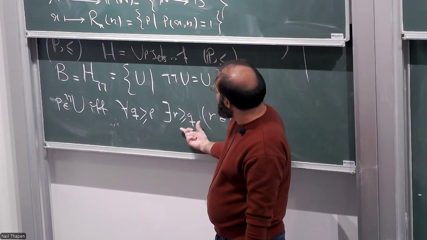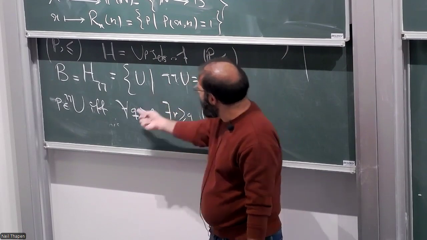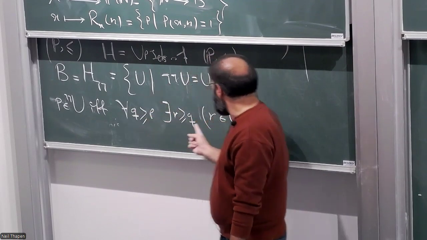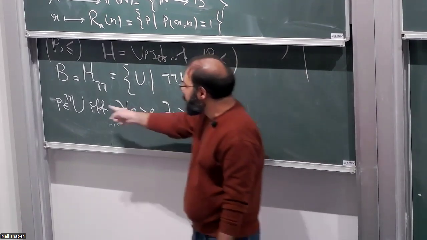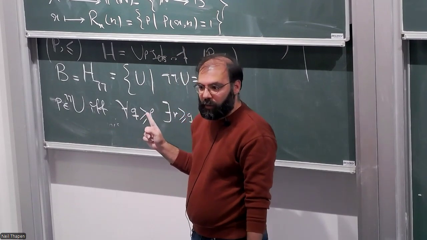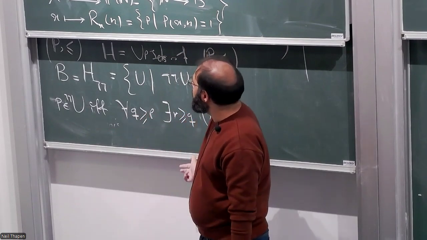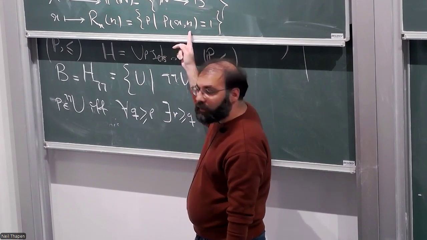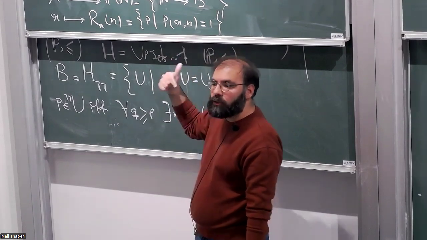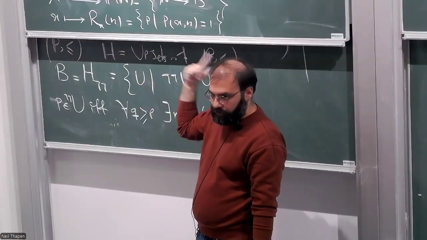And we did, but let me do it again. We can check this condition that if for any Q after P, there is some R such that Rxn becomes 1, then Pxn is already 1. And the reason is just very easy, right? The reason is that assume that Pxn is not 1. It's either 0 or undefined because it's a partial function.